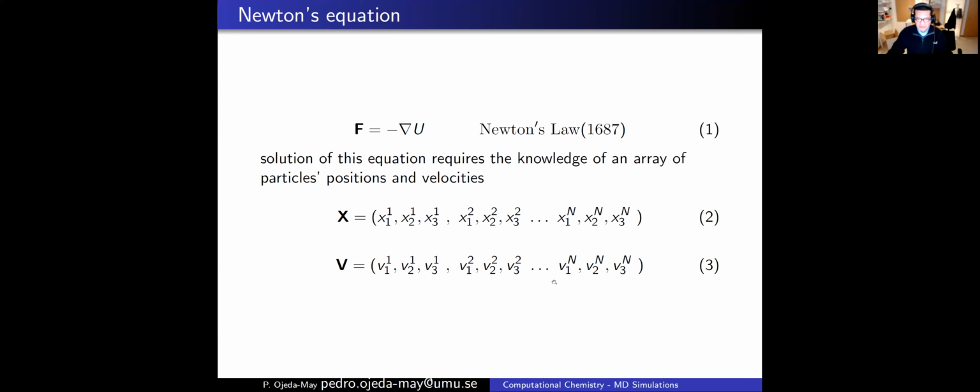Previously, in Newton's times, they were concerned, for instance, just with solving this equation for the gravitational force between two objects only. Now we want to solve this equation for 1,000, even for millions of particles. So, as I said before, the algorithms that we have now are better suited for this type of equations.